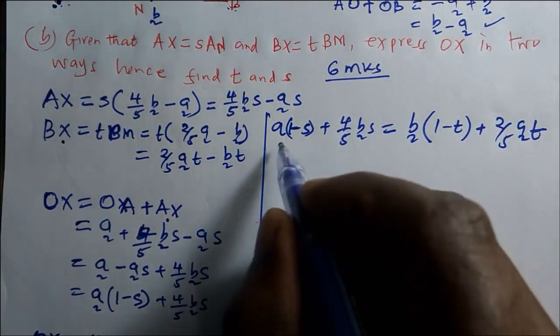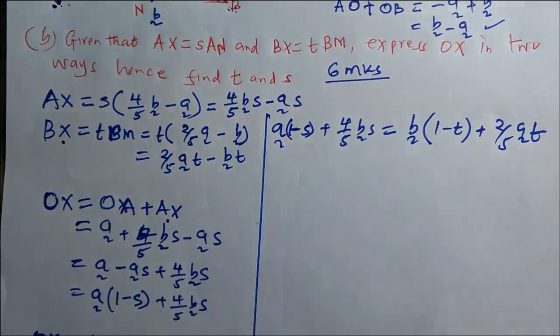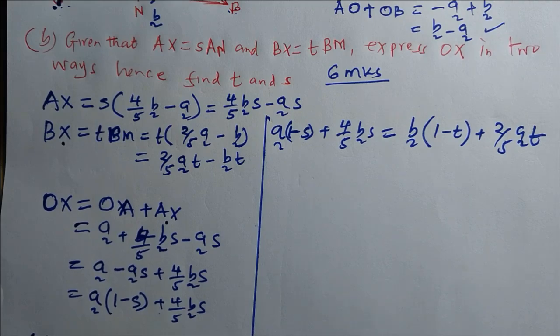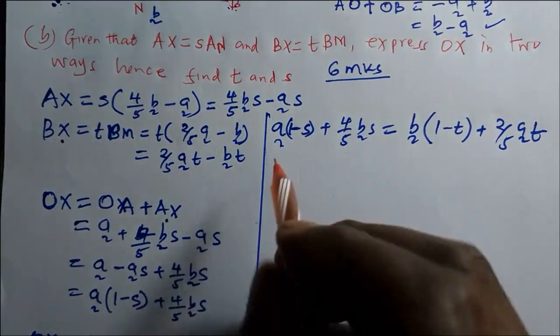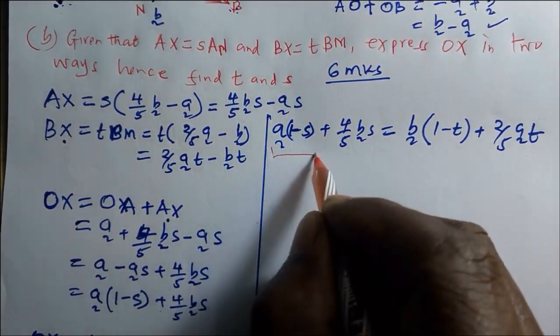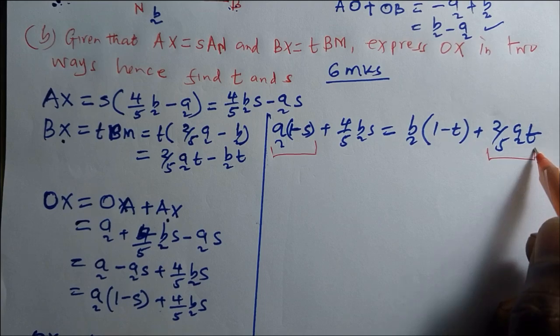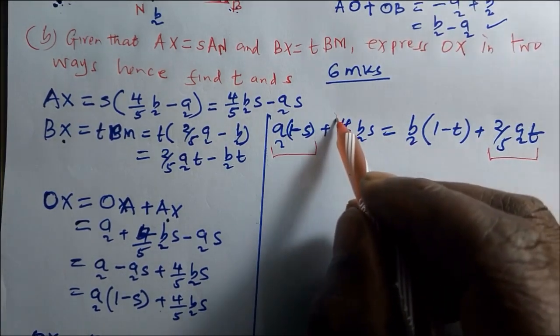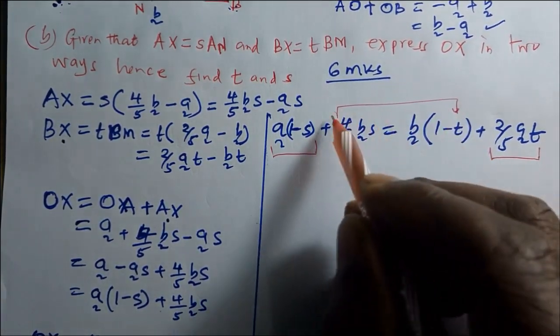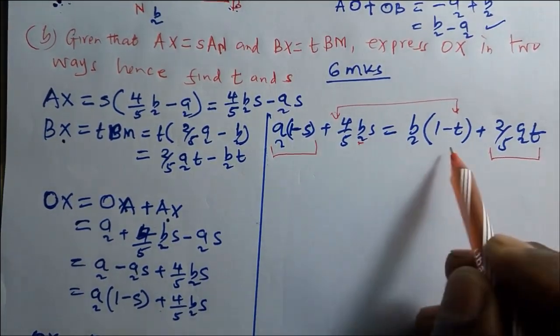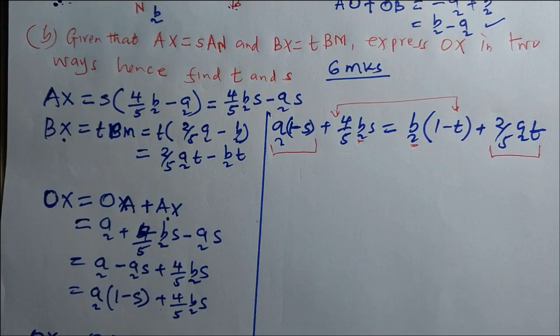Now, those that have the same vector, we equate them. This and this, we equate them because they have the same vector, B and B. That is what we do.